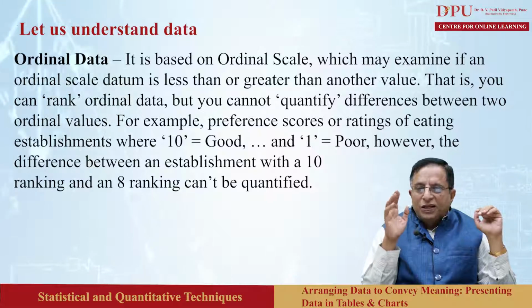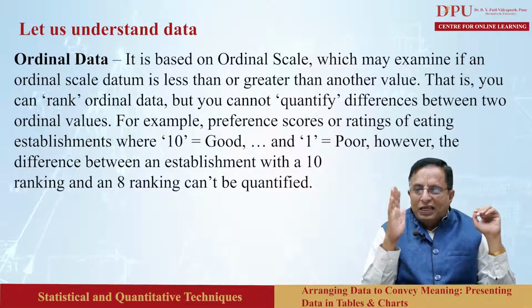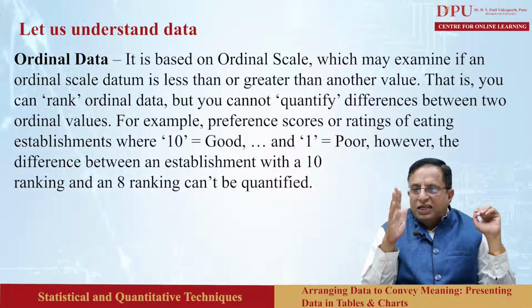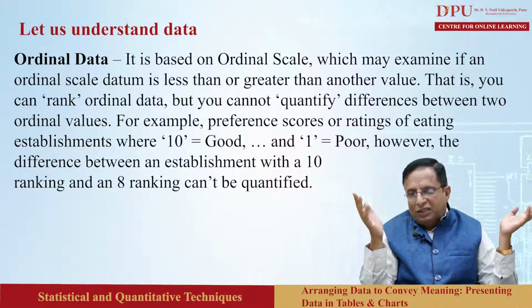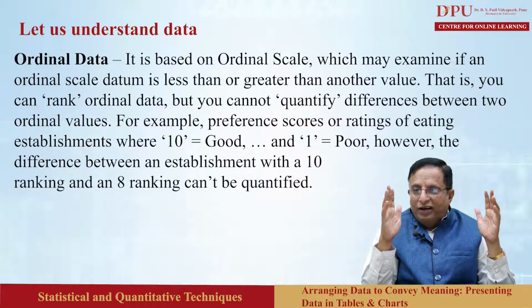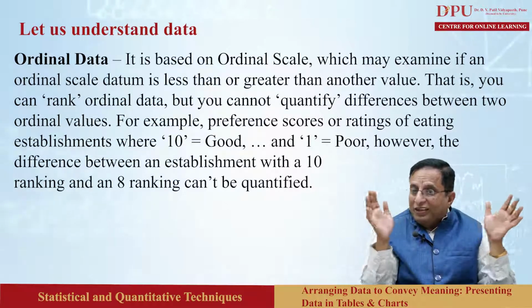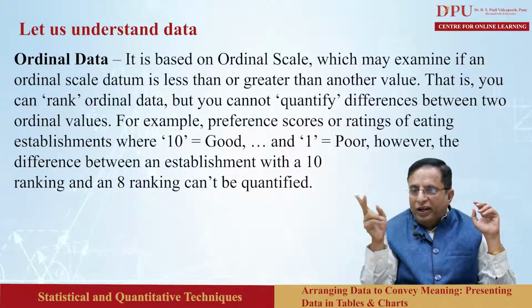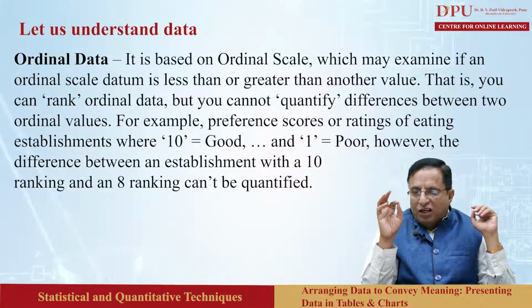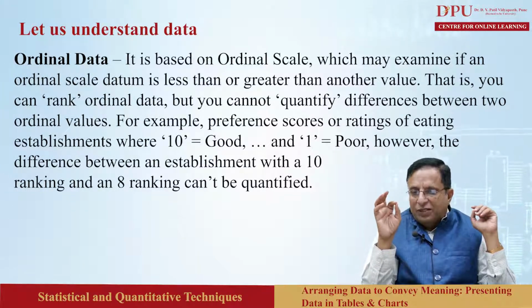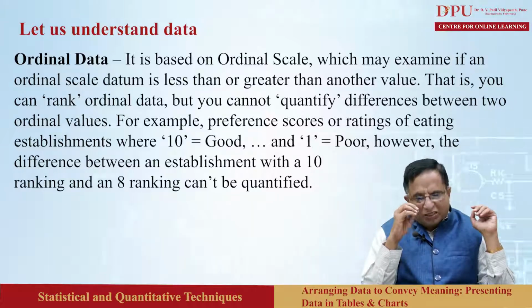Ordinal data. It is based on an ordinal scale, which may examine if a datum is less than or greater than any other value. That is, you can rank ordinal data, but you can't quantify the difference between two ordinal variables. For example, preference scores or rating of eating establishments where 10 is good, 1 is poor.